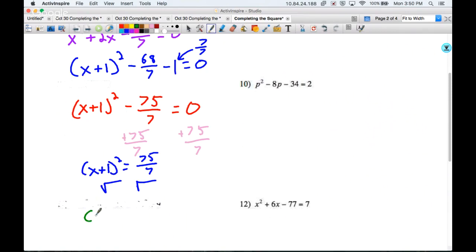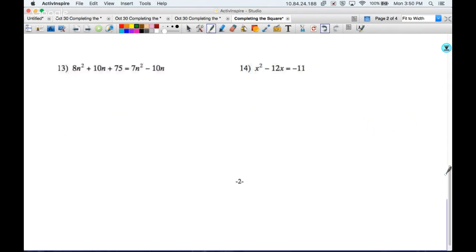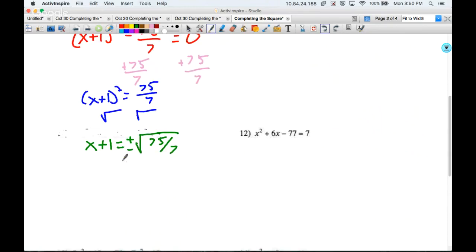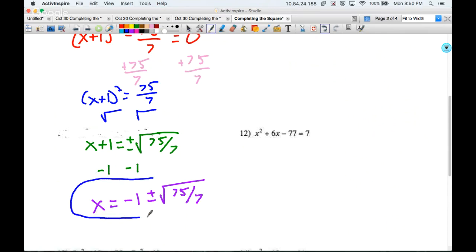We get, no need for parentheses, just x plus 1 equals the square root of 75 over 7. That's a plus or minus the square root of 75 over 7. Keep going down. Subtract 1 from both sides. And I'm going to leave my answer like this. X equals negative 1 plus or minus the square root of 75 over 7. Now convert that to a decimal if you want. This is the unsimplified answer here for that problem.